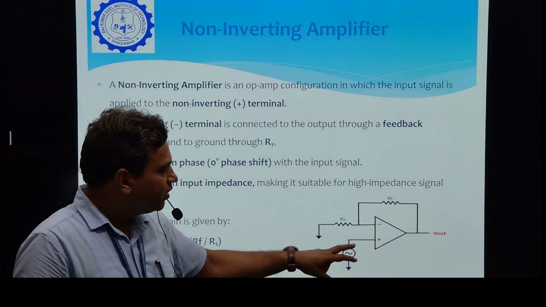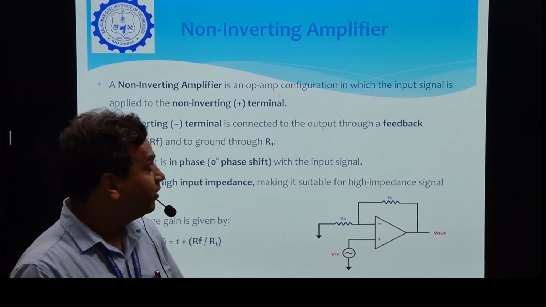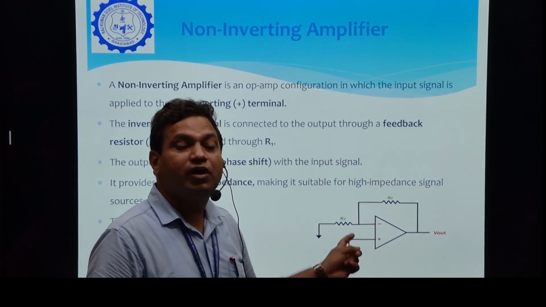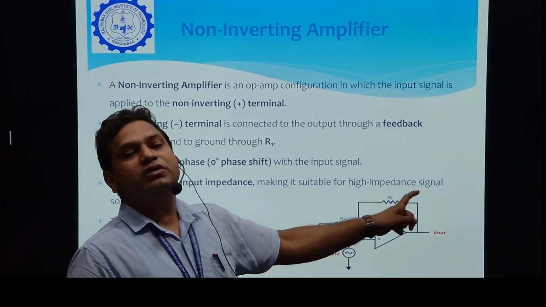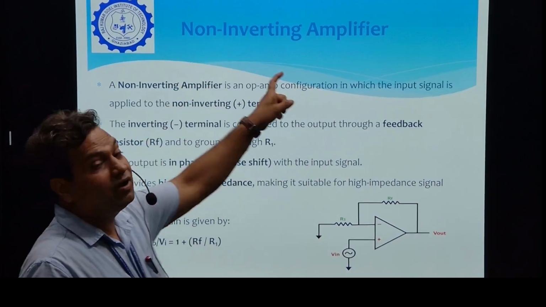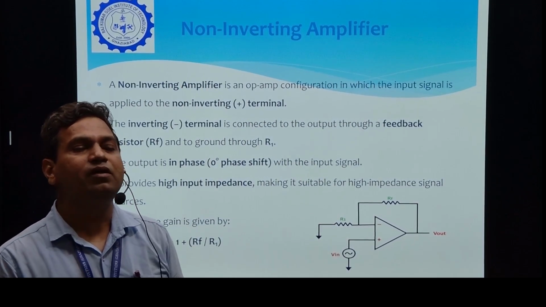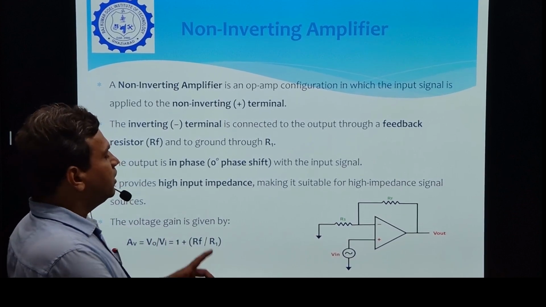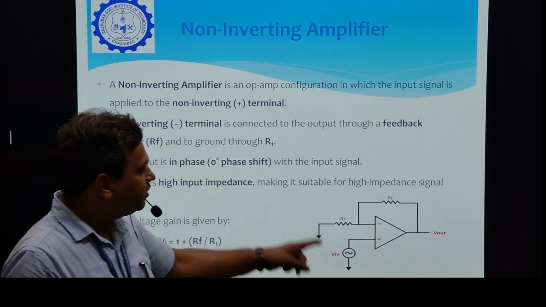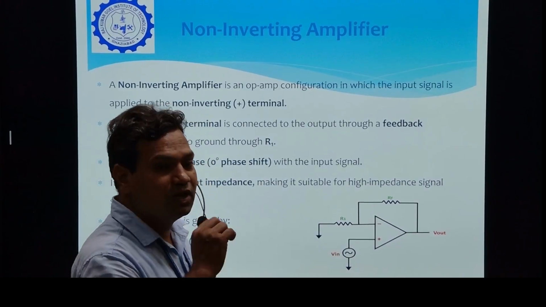If we connect the input signal at the positive terminal, or non-inverting terminal, of the operational amplifier, and the inverting terminal is connected to ground, and there is a feedback network between input and output with the combination of the two resistances RF and R1, then the configuration is known as the non-inverting closed loop operational amplifier, because a feedback network exists, that's why it is closed loop, and the signal is given to the positive terminal, that's why it is non-inverting.